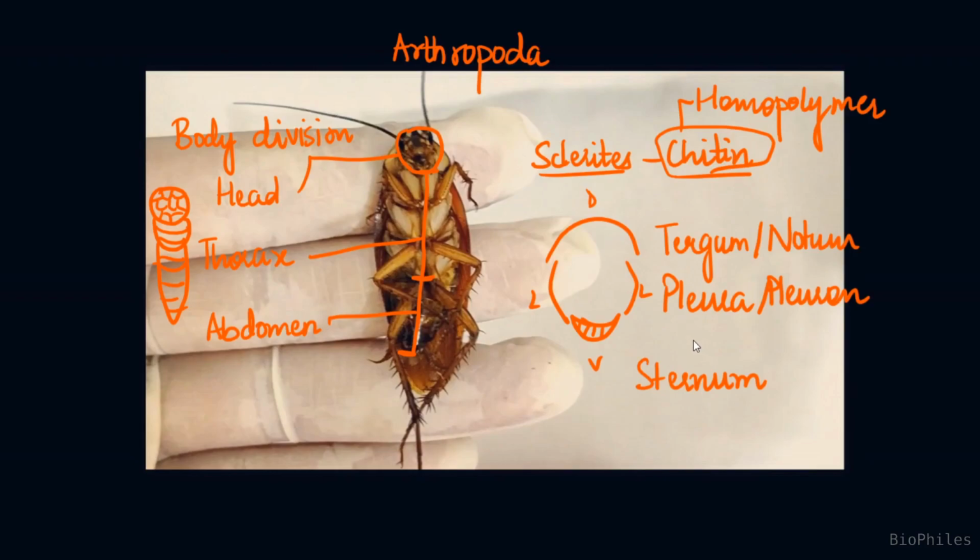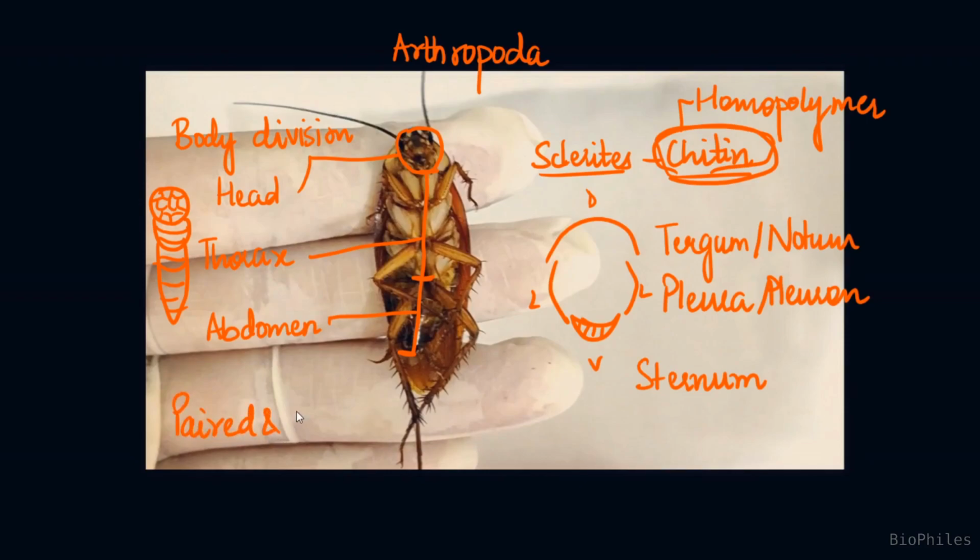When we say that cockroaches will survive a nuclear attack, we say so because they have chitin in their exoskeleton.